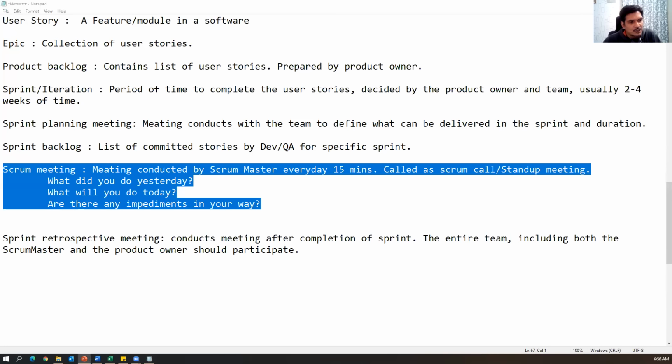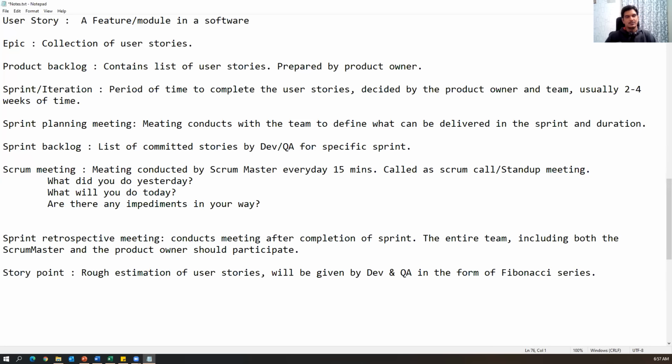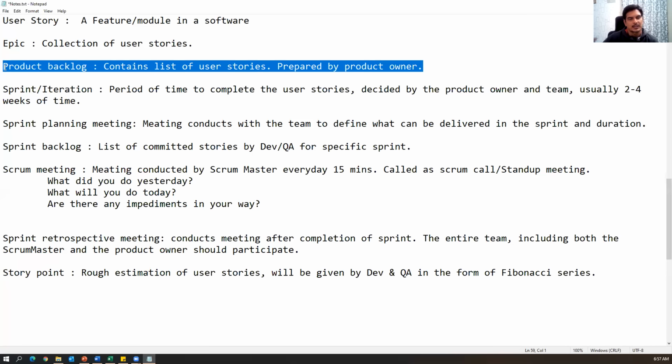Then story point. This is another very, very important term. So what is a story point? In the product backlog, as we discussed earlier, we have a list of user stories, all the stories defined by the product owner.